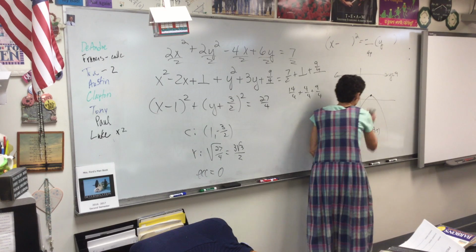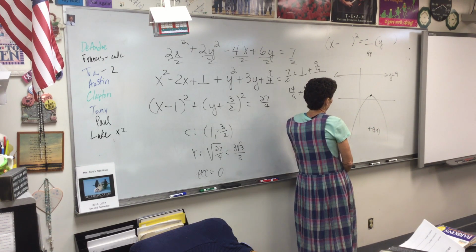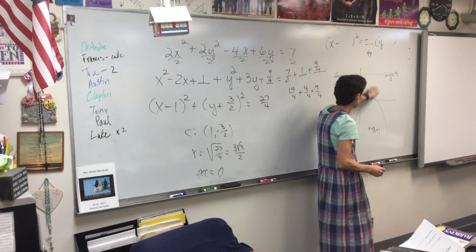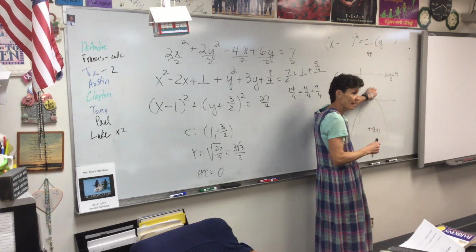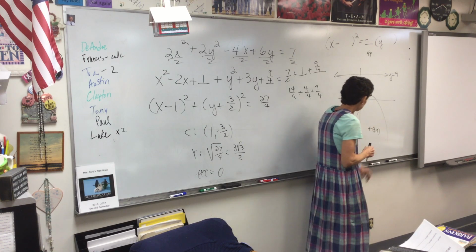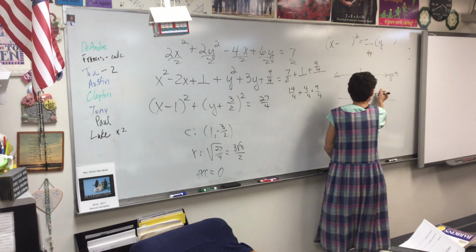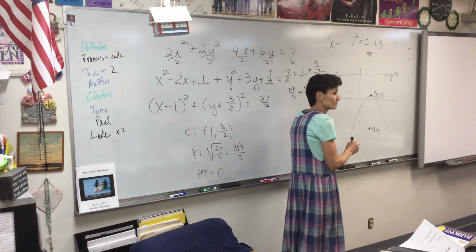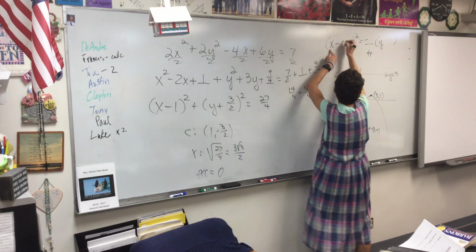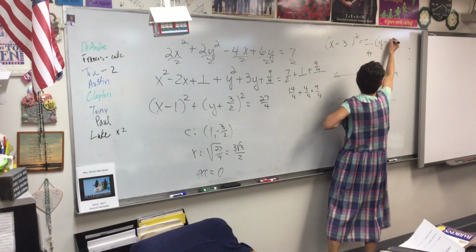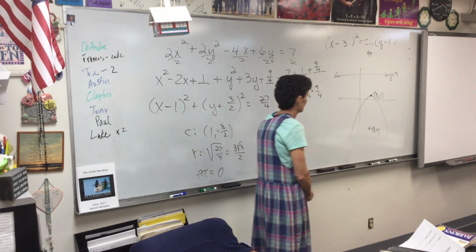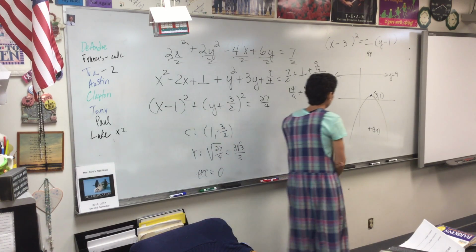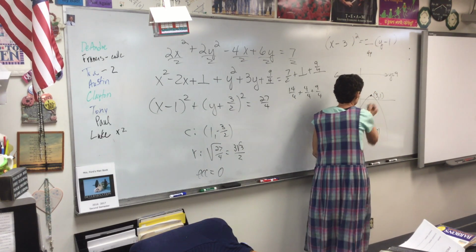The vertex will be right in the middle of the focus and the directrix, right? Because you go up so many and down so many. So that's going to be at the point 3, 1. Now the 3 goes with the x, the 1 goes with the y. The only thing left to find is that coefficient.